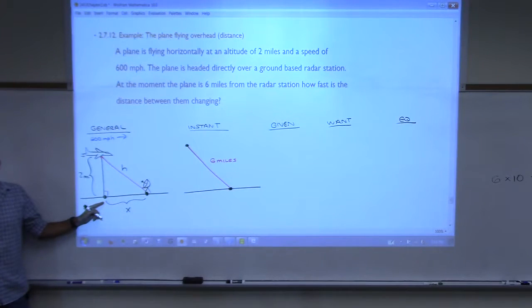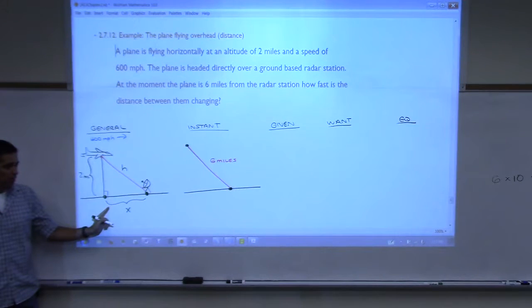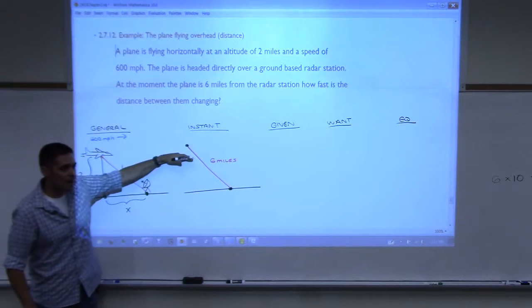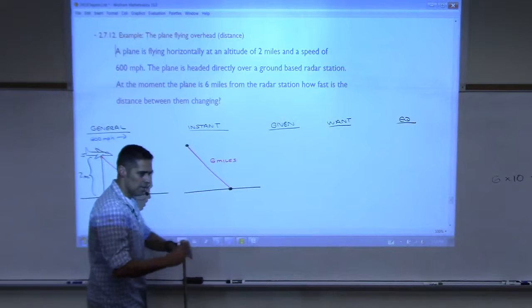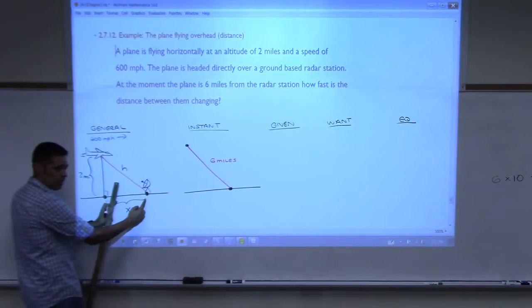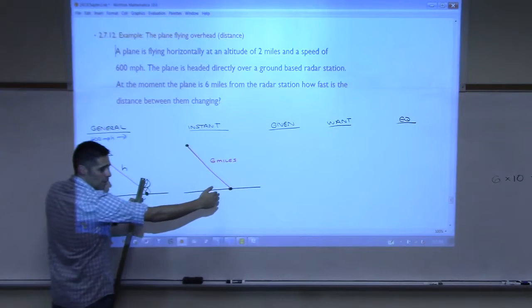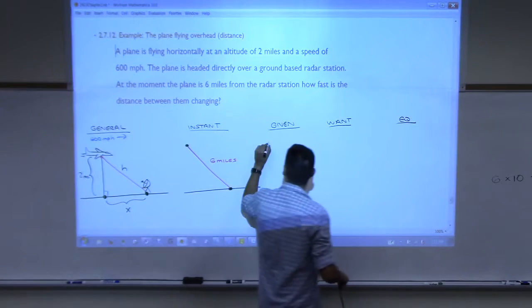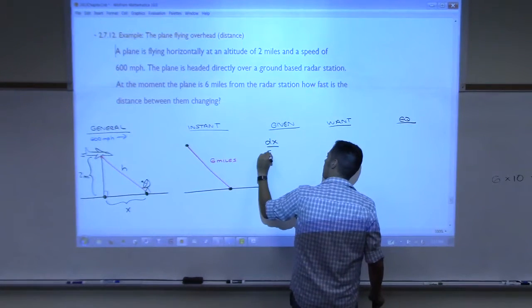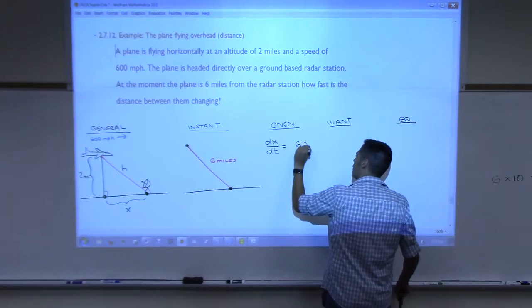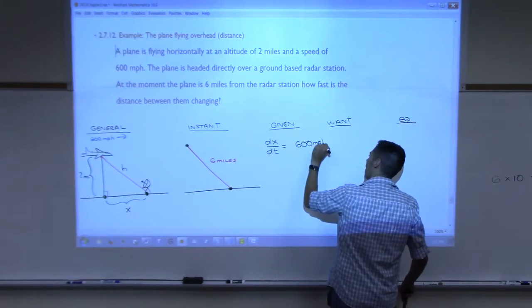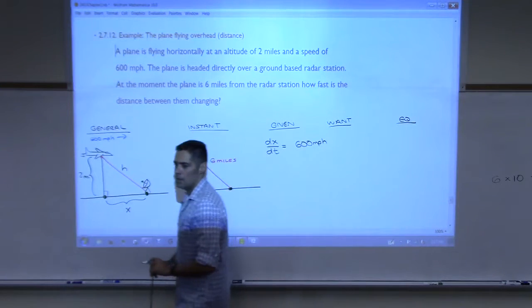So is x getting bigger or smaller? Smaller. Do you agree? In this picture, x is getting smaller. Now if we put the plane on the other side, x would be getting bigger. So when I write what I'm given, I don't know if you caught that, x is going to shrink, but if the plane was here, x would be growing. So when I write given, I'm going to say dx dt is 600 miles per hour, but what sign here? Positive or negative? Positive.